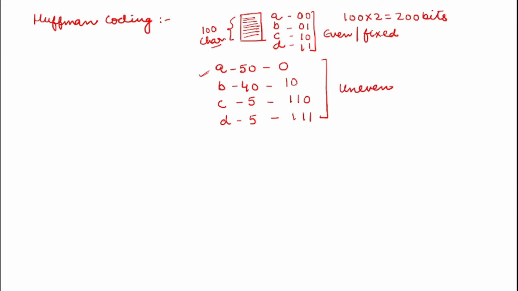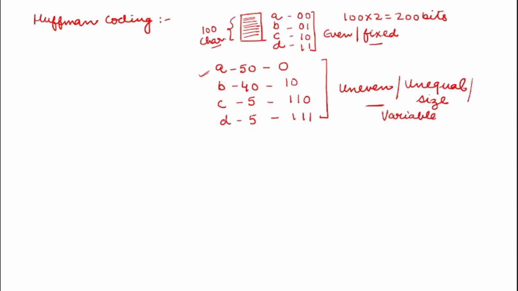Here 1 bit, here only 2 bits, here 3 bits, so it has unequal size. The size is not fixed. Earlier it was fixed size encoding, and this is variable size encoding.